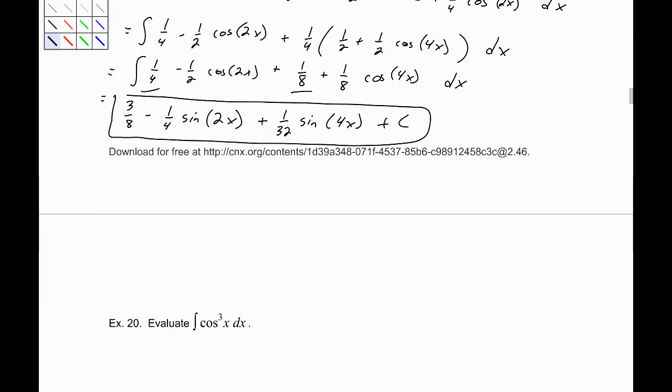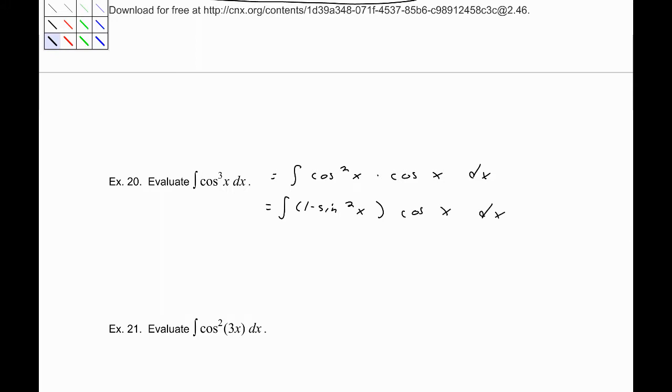Alright, the next thing we have got here is cosine cubed x. Alright, we can get a single cosine out of this by making this cosine squared x times cosine x, and then convert that cosine squared into a 1 minus sine squared x.